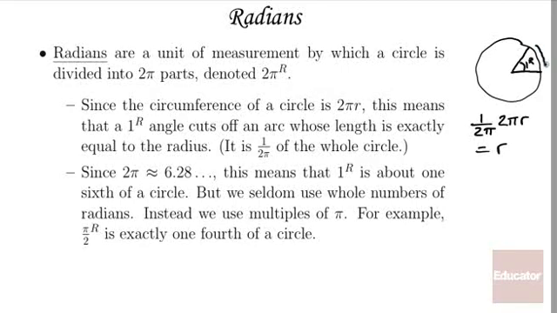So that's why they're called radians: if you take a 1 radian angle, it cuts off an arc length that is exactly equal to the radius. So that's the definition of radians.